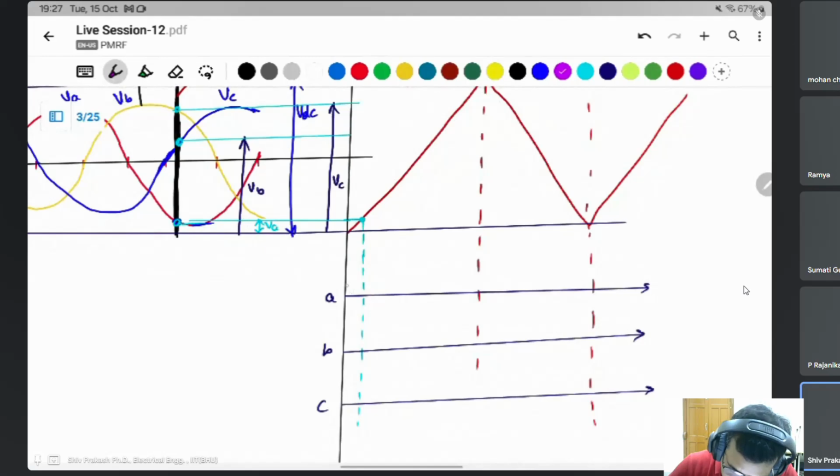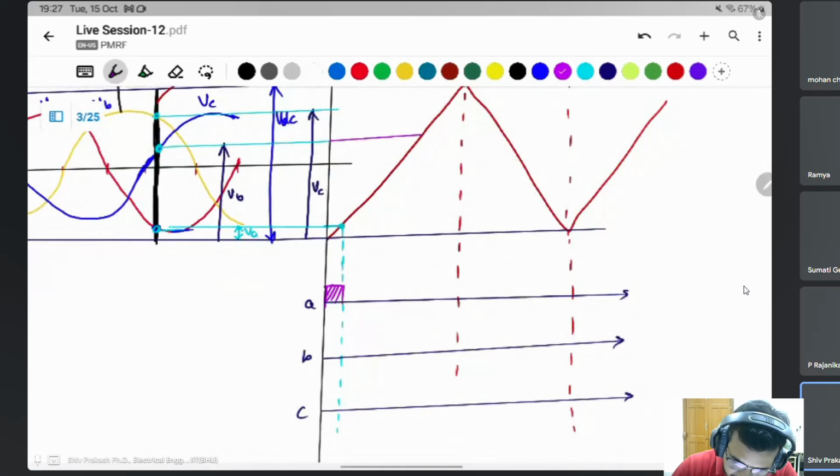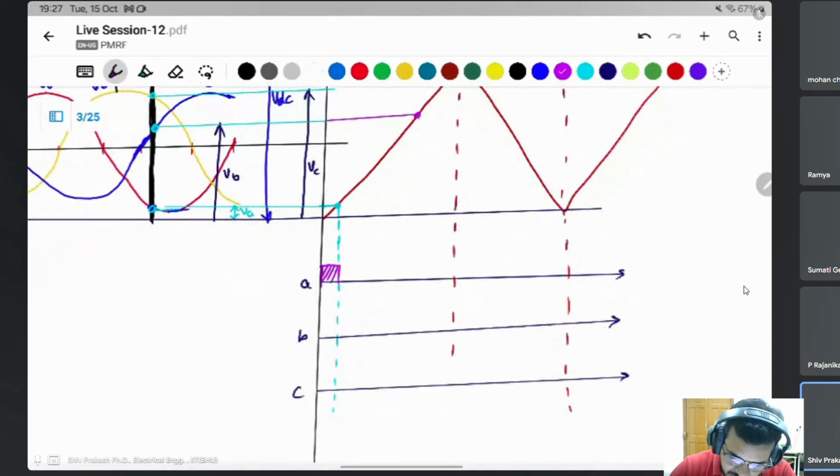So when cut, this time it will be the high VA signal. Then this is VB. VB cuts the peak of the carrier signal. This will generate this amount, from here to here, the B portion, B phase you can say.